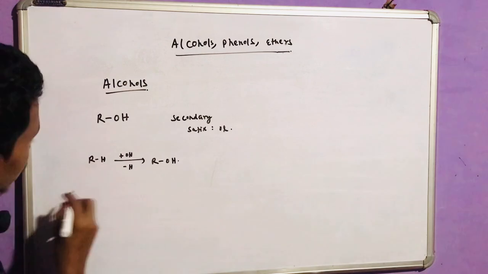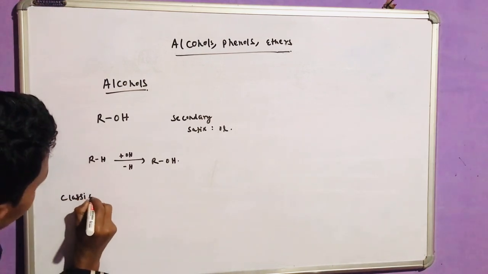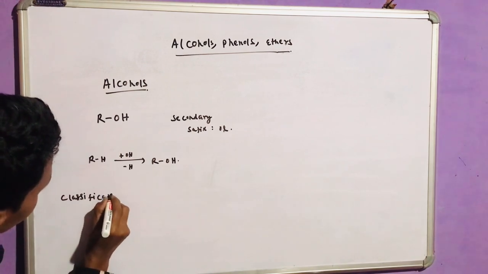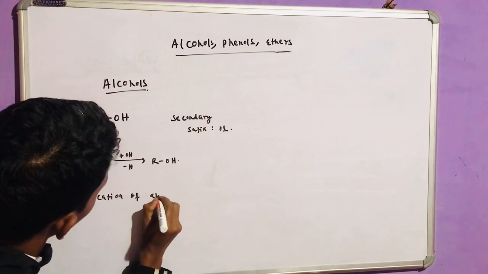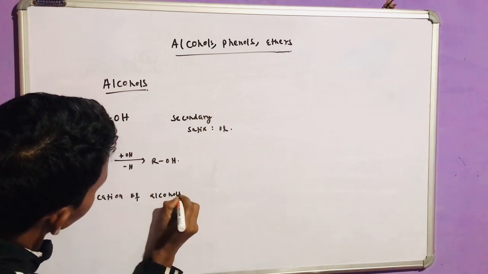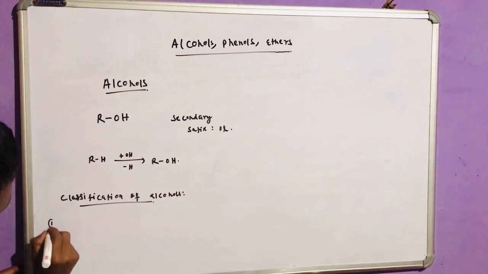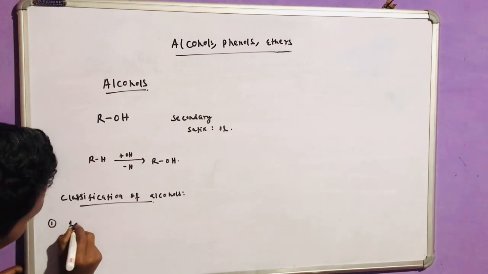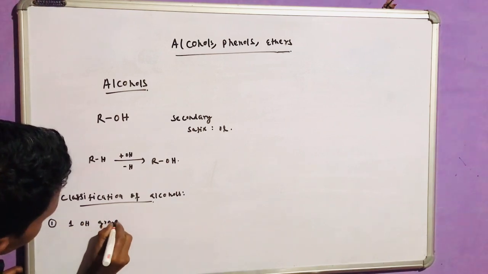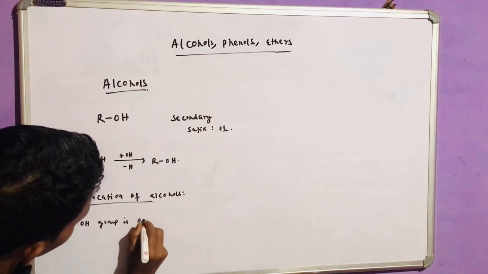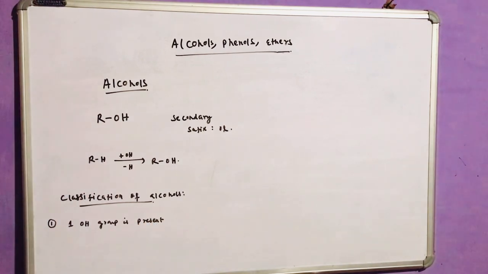So if we write the classification of alcohols: if one OH group is present, then that is called monohydric alcohols.